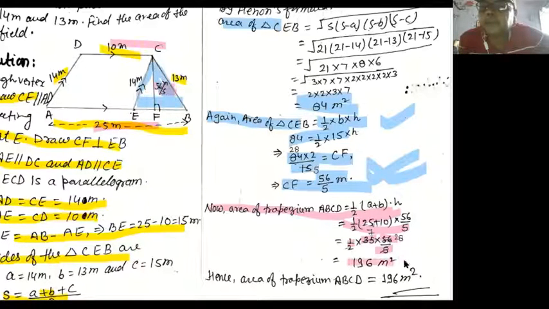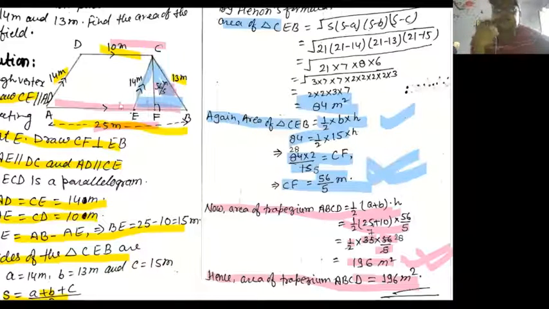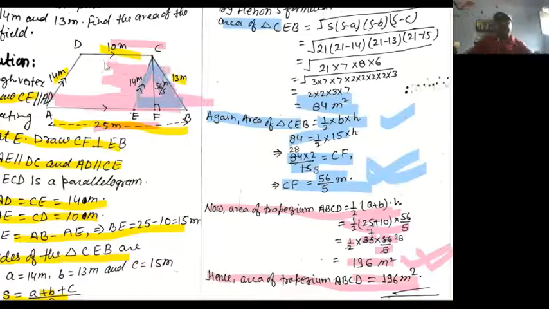So equal to 196 meter square. Hence area of the trapezium is 196 meter square.